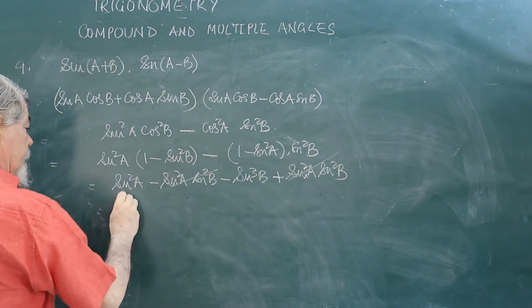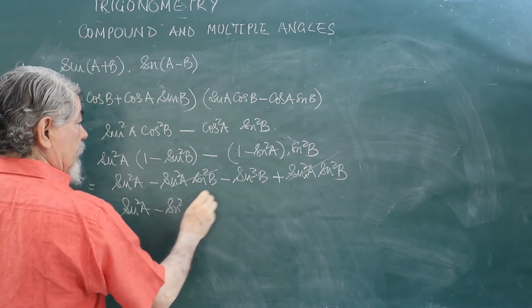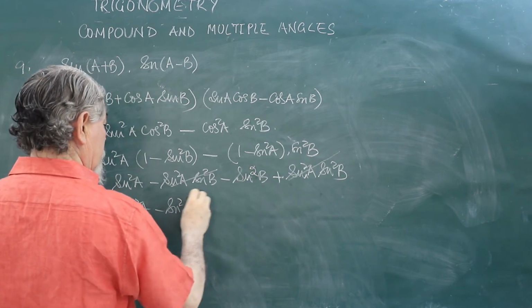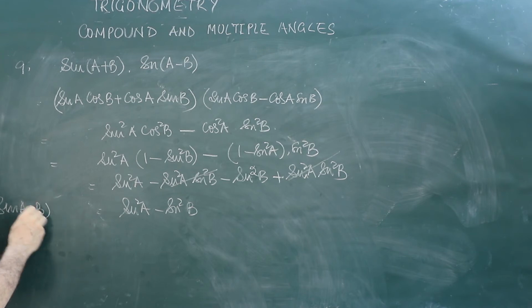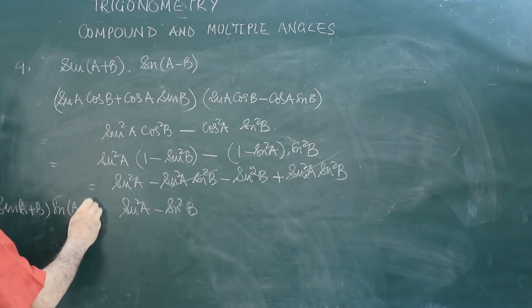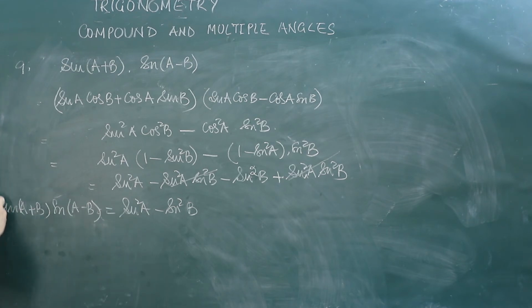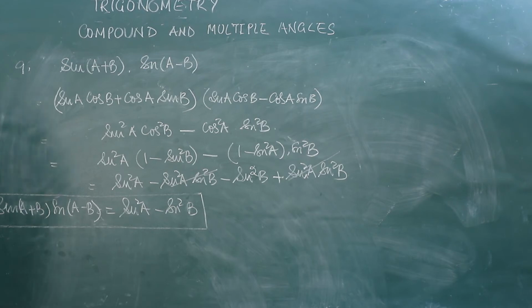What will you get? Sin square a minus sin square b. This is the formula of sin(a plus b) into sin(a minus b).